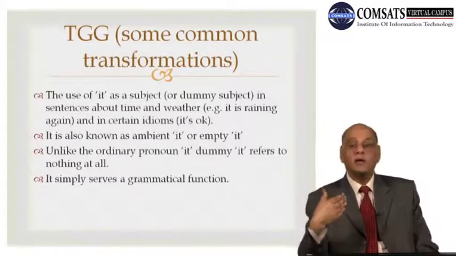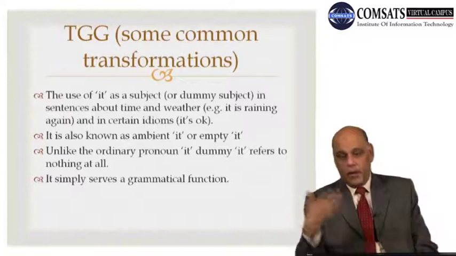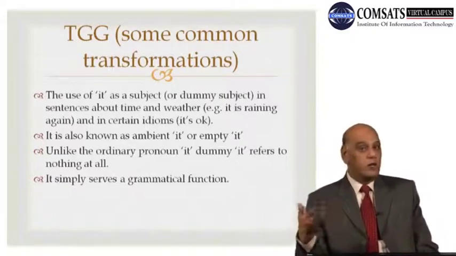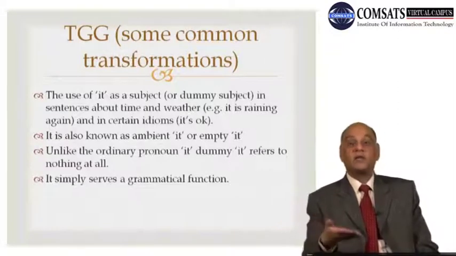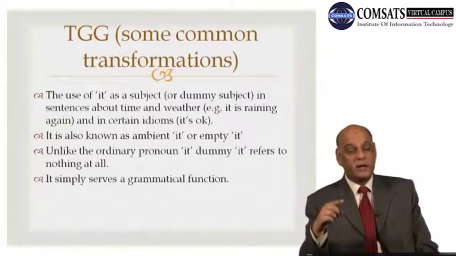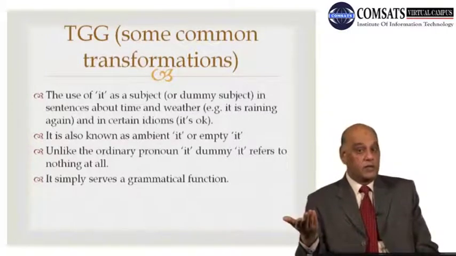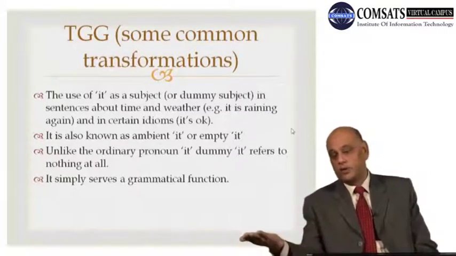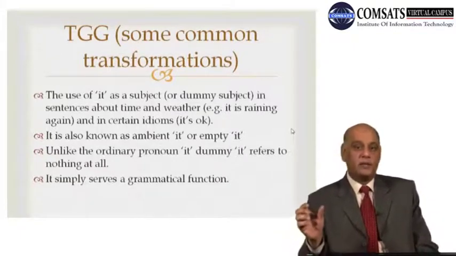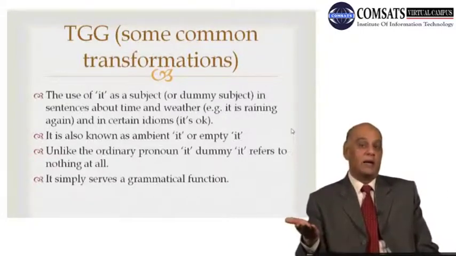Or a difficult situation. Difficult situation is an abstract phenomenon which you sometimes experience in your life. So how are you going to explain that difficult situation? You just say, it is a difficult situation, or I am facing a difficult situation. That is another way to say this. But if you talk about the situation itself, you can just experience it, and in order to put it in a sentence, you need this dummy subject it to play a grammatical role.